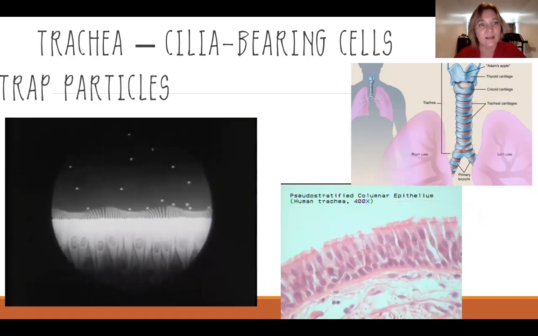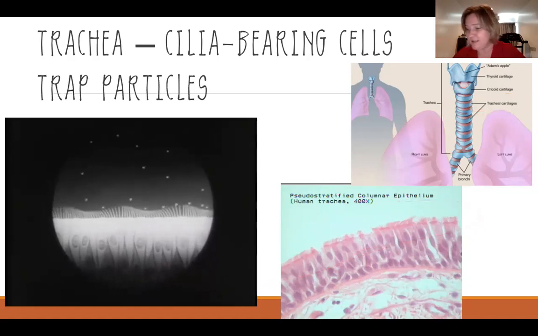The reason we have them, like my throat is trying to tell me today, is that they trap particles or dust from the air. You also have mucus there, and when it's irritating, you cough. When you cough, you push all of that debris up to your mouth, and then what do you do? You swallow it. So it goes down to the stomach, and if there are any microorganisms or pathogens in the air, they get destroyed by stomach acid.